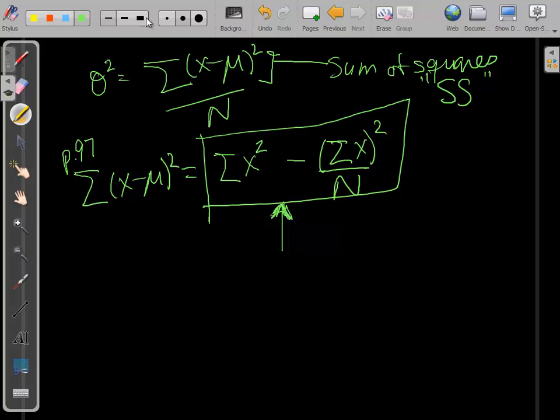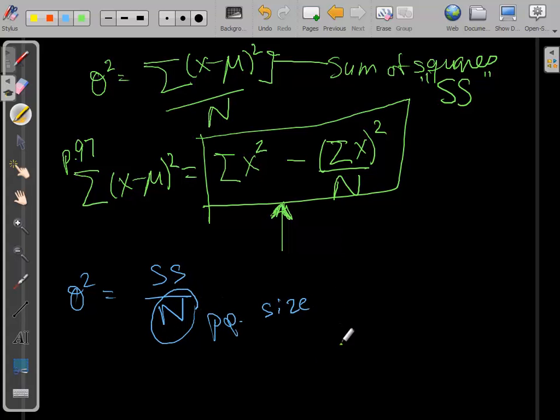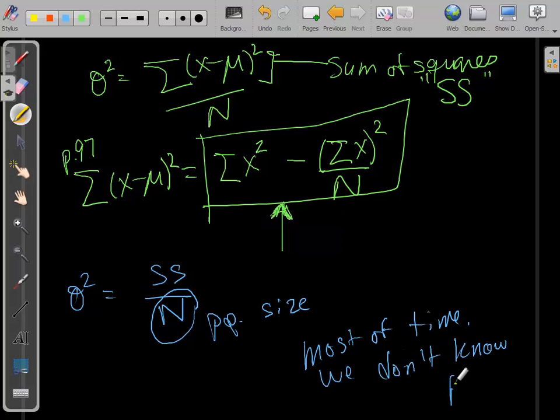So we can define variance then. Sigma squared is equal to the sum of squares divided by the population total. One of the things to consider, this capital N is the population size. Most of the time we don't know the population size, which is kind of troublesome.